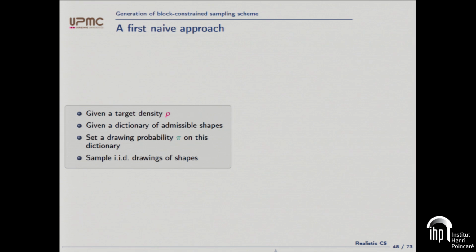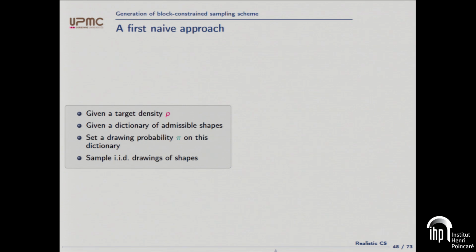So what you can say is, I can define a dictionary of admissible shapes, like horizontal lines, and say that I should set pi, the drawing probability on my dictionary, to look like P. And then I will just do IID drawings according to pi of my admissible shapes. So what does it mean?